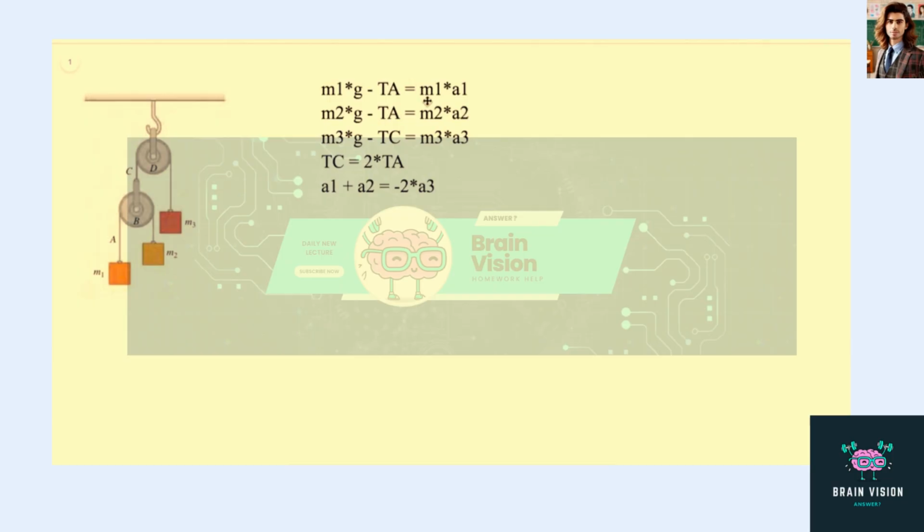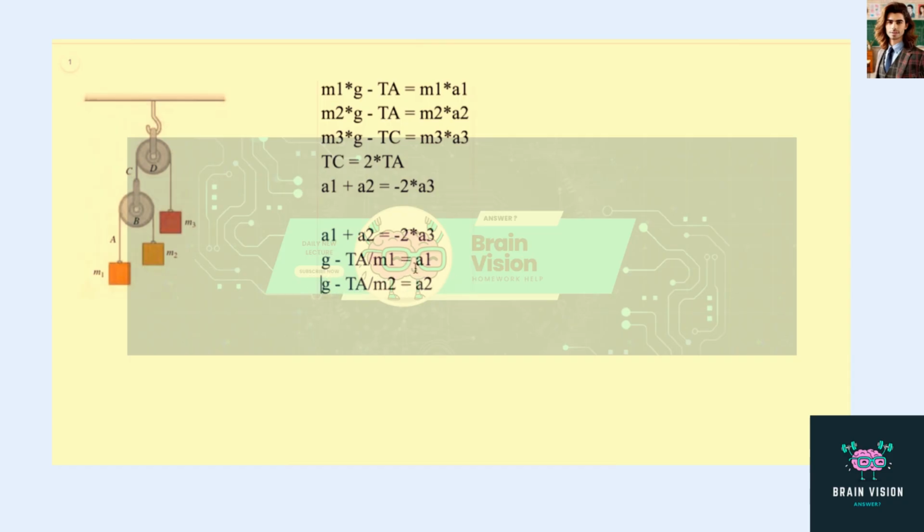So why don't we use this equation first and plug in. We'll use our A1 and A2 here to find, let's solve each of these for A1 and A2. So I'm going to divide both sides by M1 here. There are a lot of different ways that we could solve this system of equations, so I'm just going to show one example, but there would be other approaches to do this.